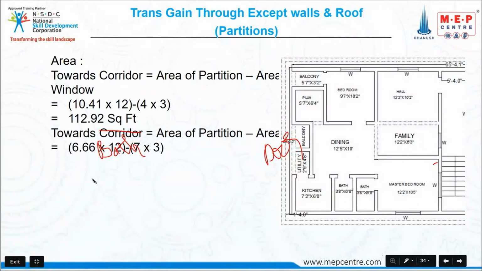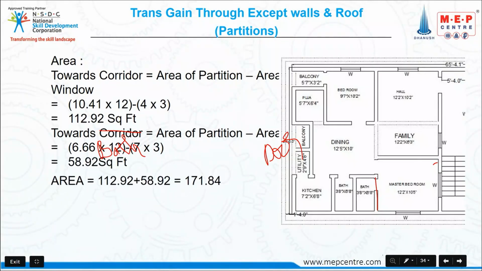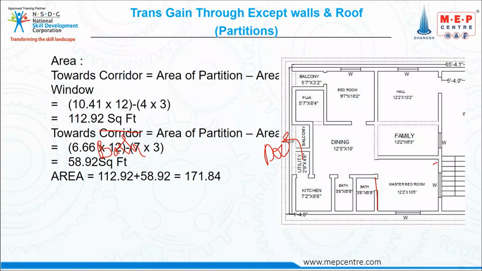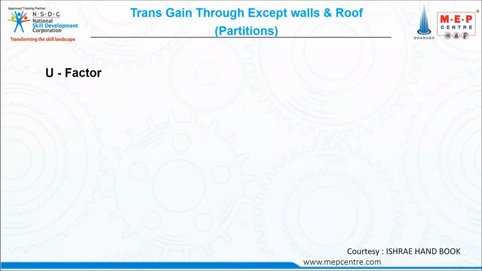Therefore, this length is 6.66 into 12 minus 7 into 3. The door area is 7 into 3, 21. Therefore, which is 58.92 square feet. Therefore, area equals 112.92 plus 58.92, which is 171.84.